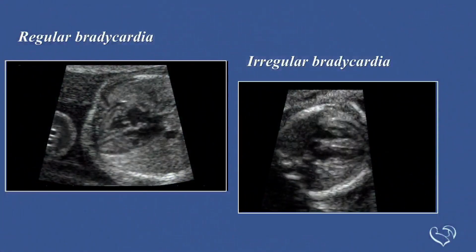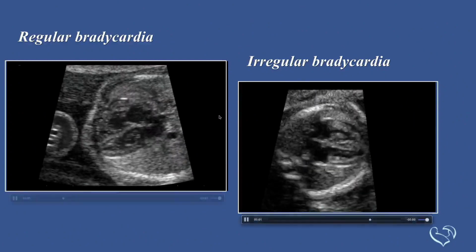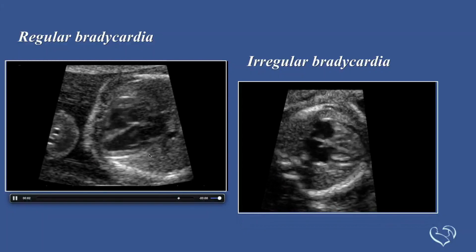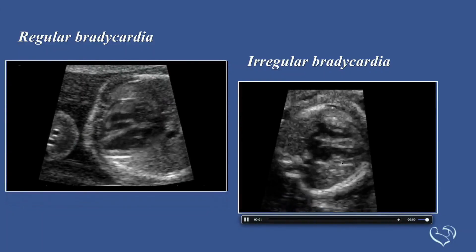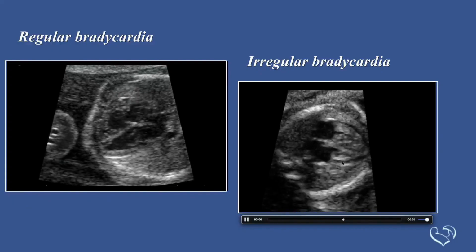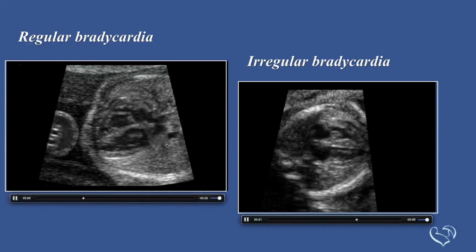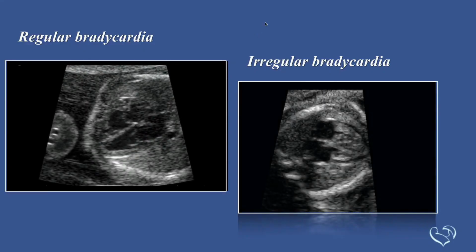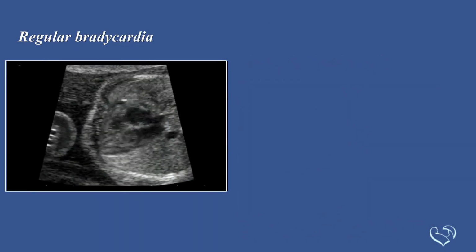So here we have 2 types of bradycardia. The one on your left-hand side is regular, but it's slow. And this one is slow, but is irregular. It's doing a pattern of 2 as well, and this is apparently 1-to-1, but we need to investigate that. So let's start with a regular bradycardia.